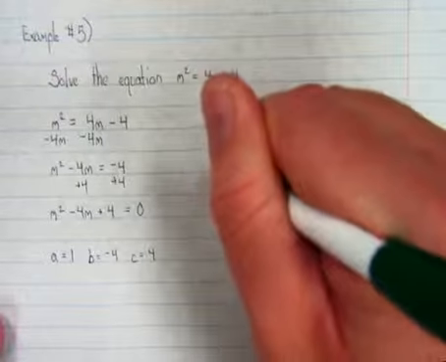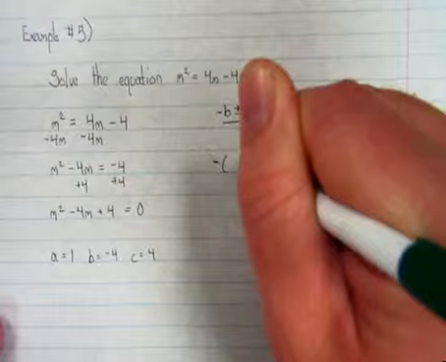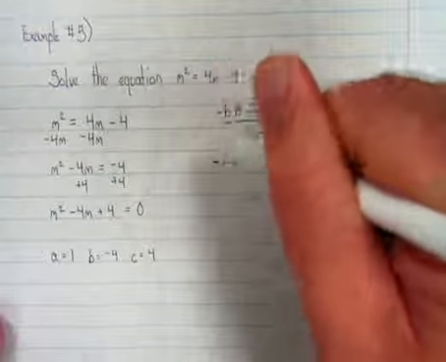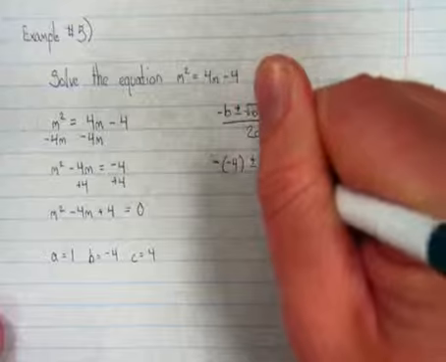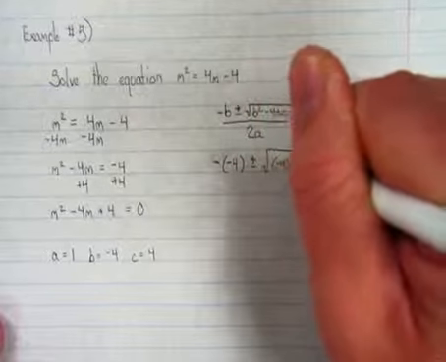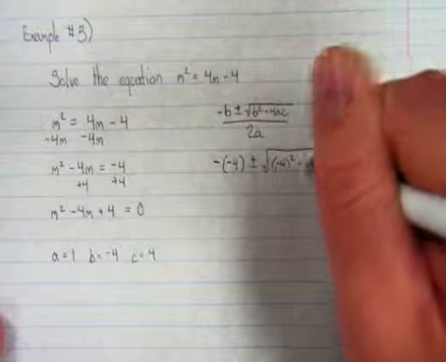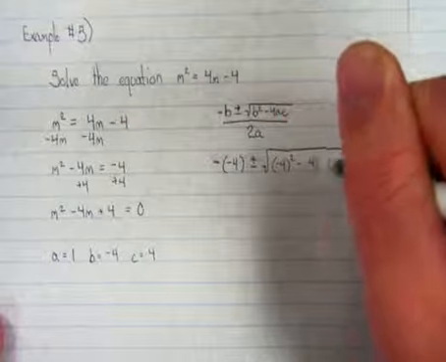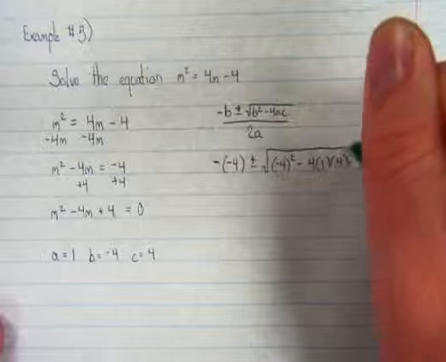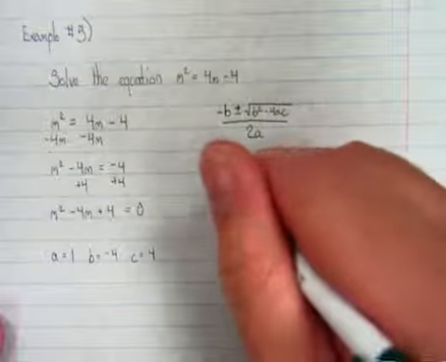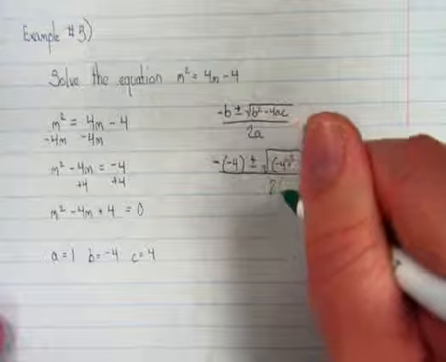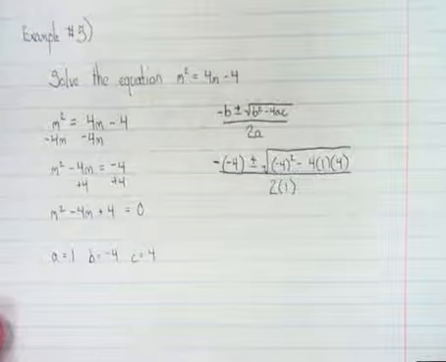So I have negative b, so I replace the b with parentheses, and inside that we had negative 4, plus or minus the square root of negative 4 squared minus 4 times a, which is 1, times c, which is 4. And all of that is going to be divided by 2a, so that's 2 times 1.